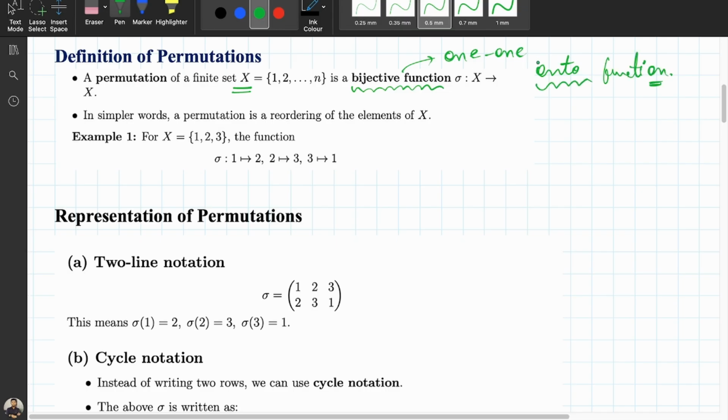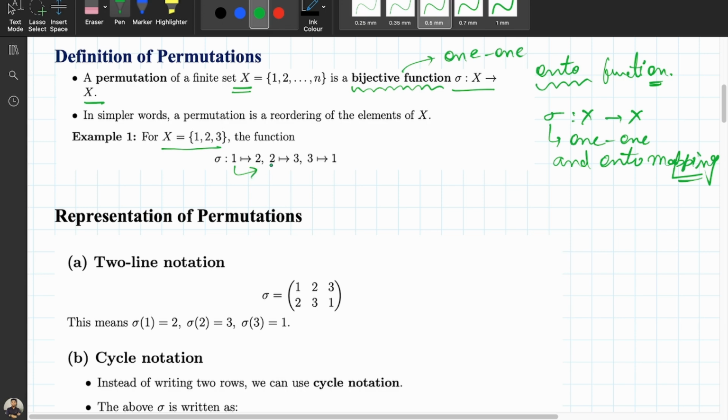From where to where? From X to X. If you have any function from X to X which is one-one and onto, then we say it is a permutation. For example, if you have X = {1, 2, 3}, then the function takes 1 to 2, 2 to 3 and 3 to 1.